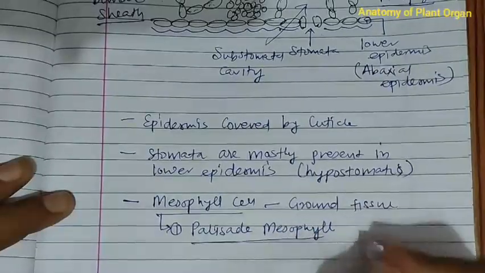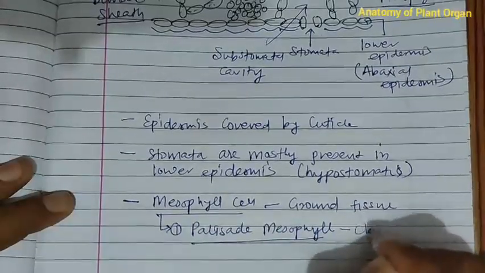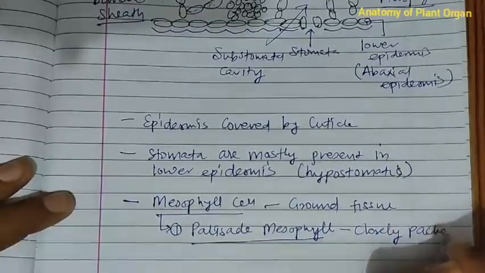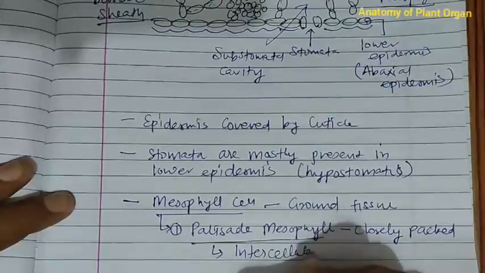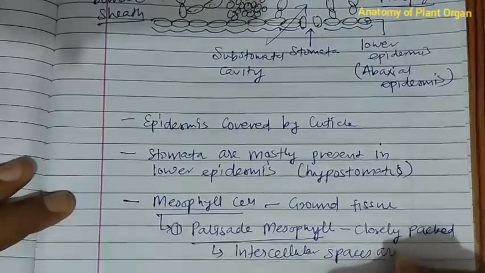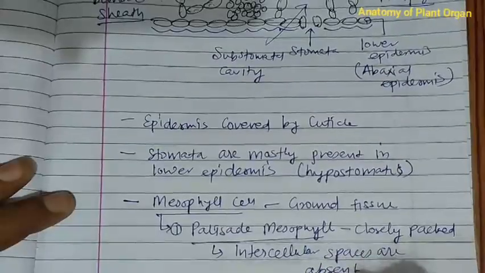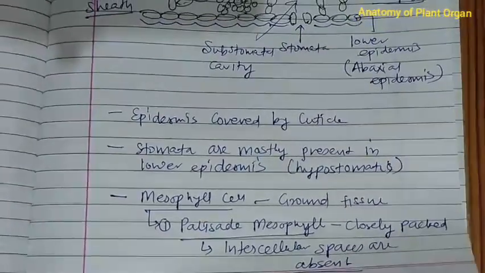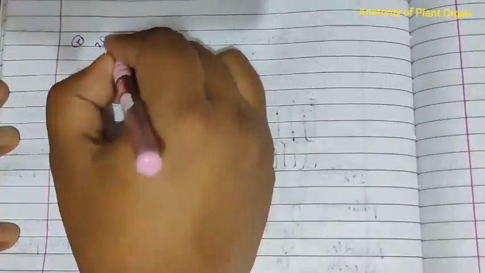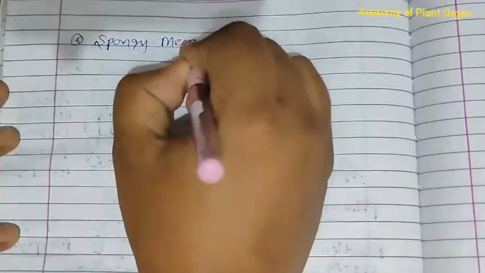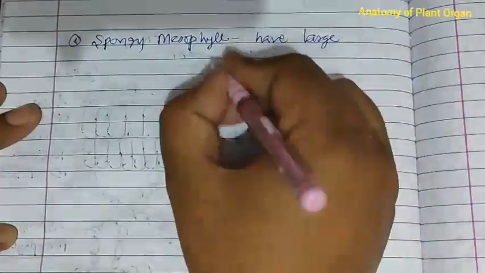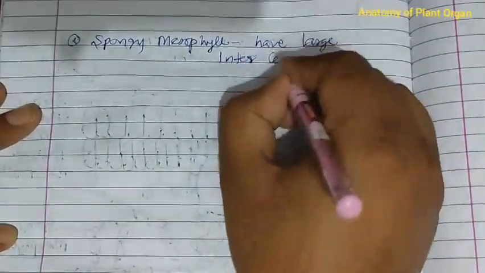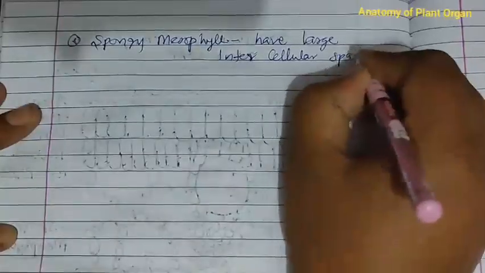In this palisade mesophyll they are columnar and closely packed, so intercellular spaces are absent. Whereas the second type is spongy mesophyll. Spongy mesophyll has large intercellular spaces.